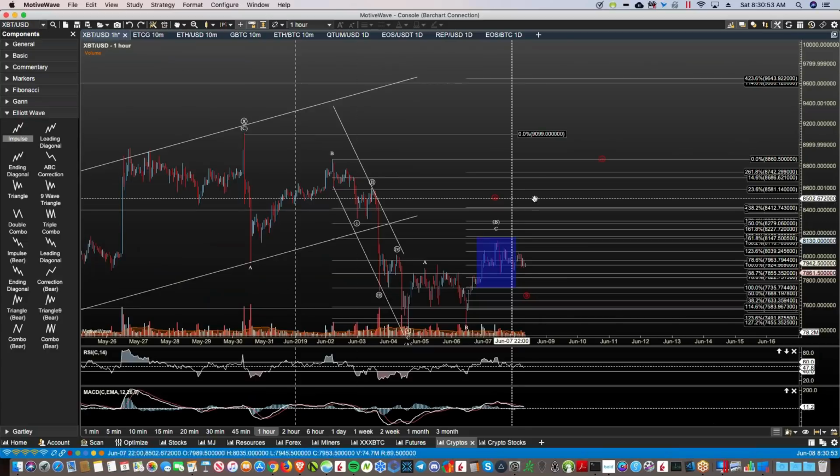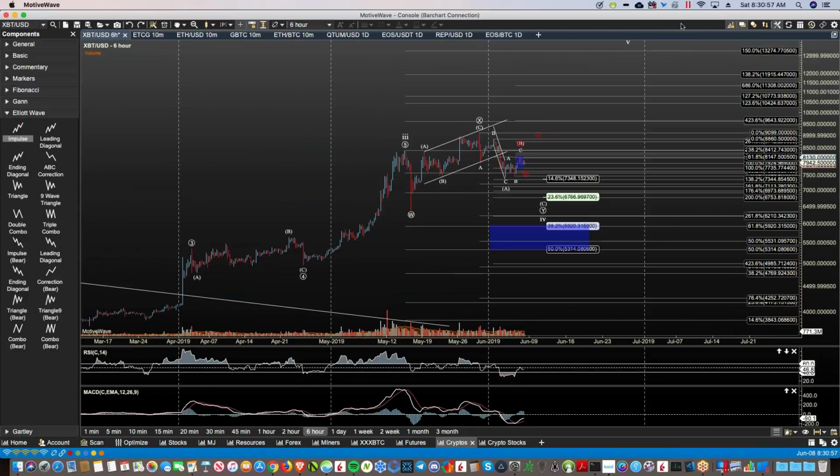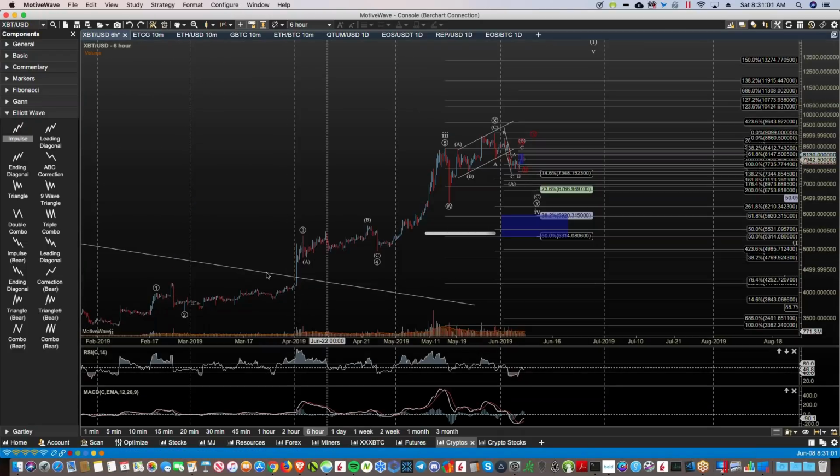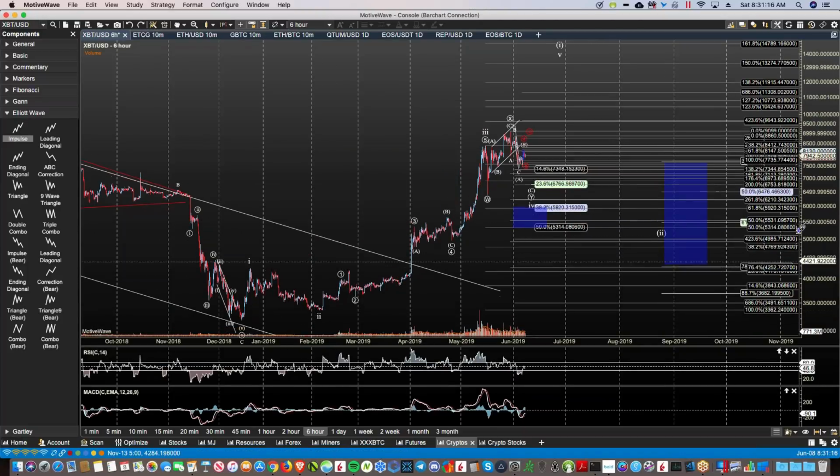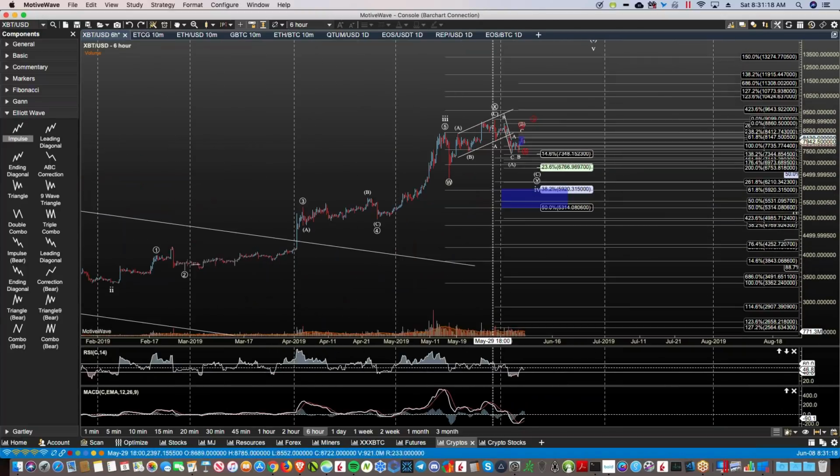So, Bitcoin, let's zoom out here real quick. My hope, and my thesis, is that we are in wave 4 off of the December low. It counts quite perfectly in terms of the way I count all of the subwaves. The only question is we're dealing with a hyperextended count.